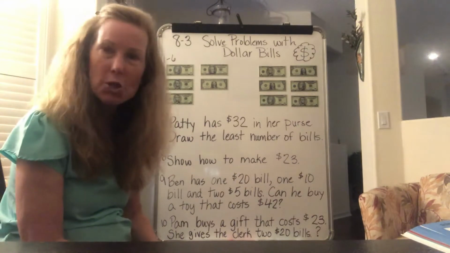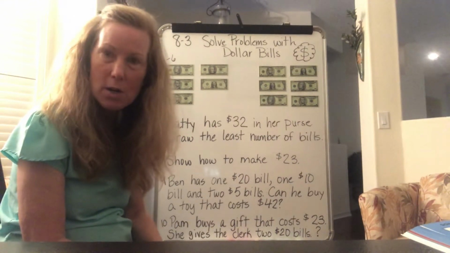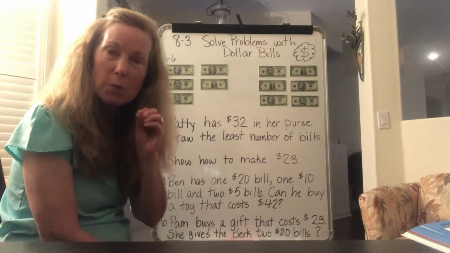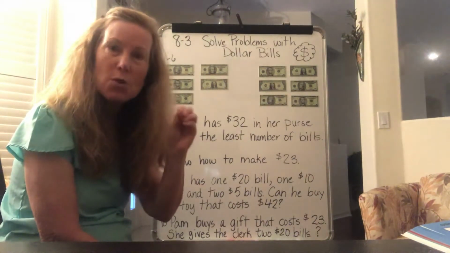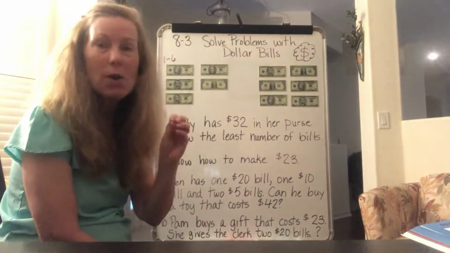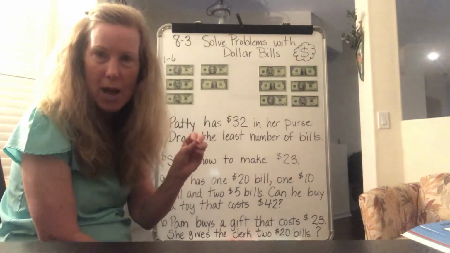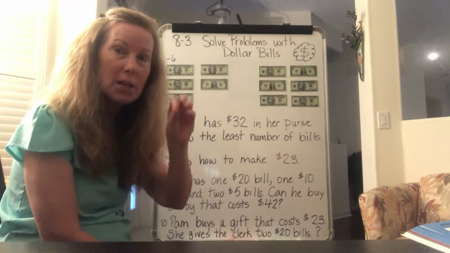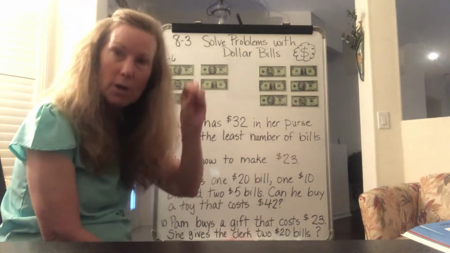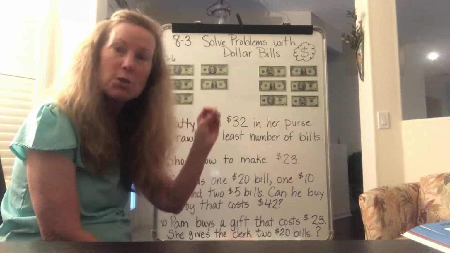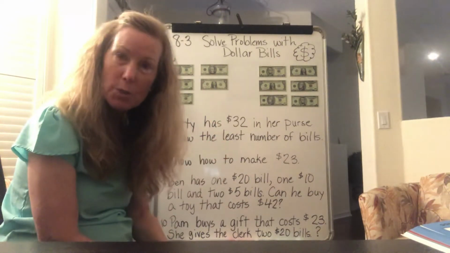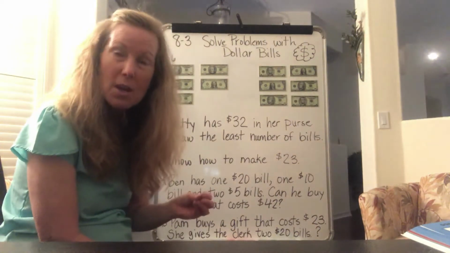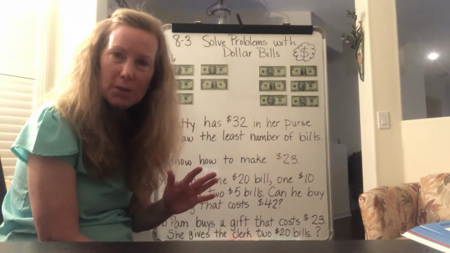Now, the dollar bills are not put in order, but just like with coins, you're going to want to put them in order, okay? Now they don't have room in the book to do that. So when you're counting them, you're just gonna make sure that you go in order, from the highest value to the lowest. Now, if you wanna get your brain book out and redraw them in order, that's up to you, okay?